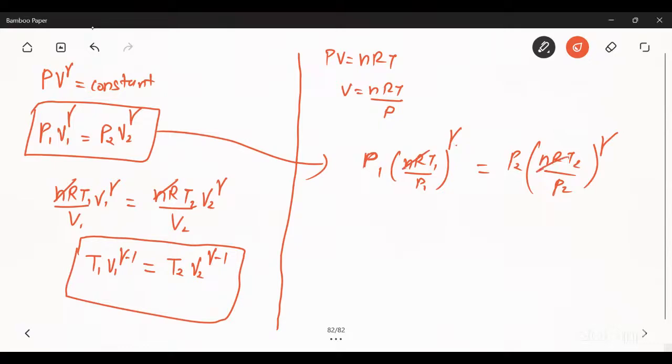Now T1 gamma upon P1 gamma, P1 into T1 gamma upon P1 gamma is equal to P2 into T2 gamma upon P2 gamma.